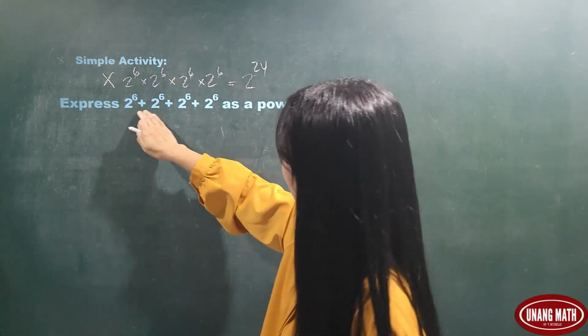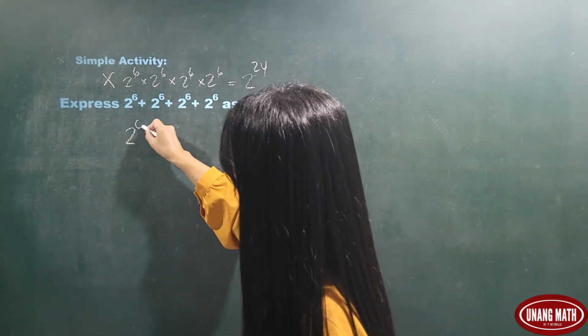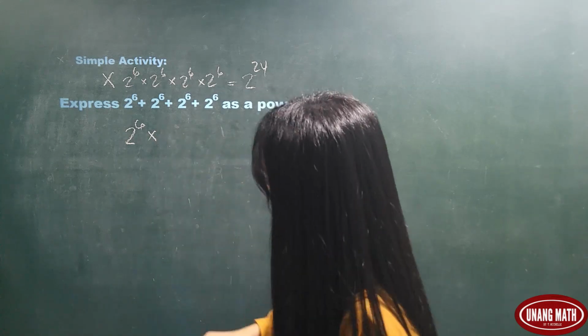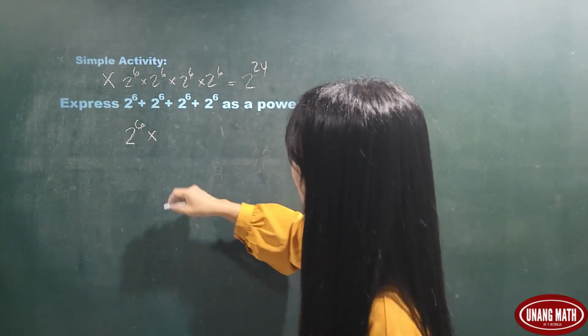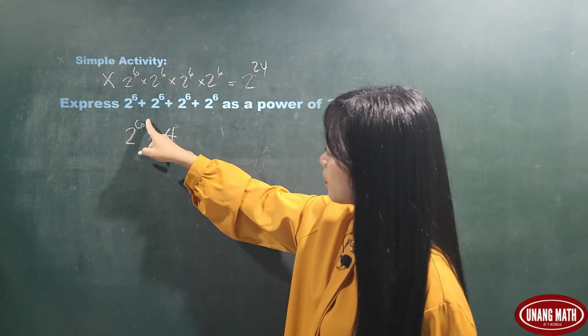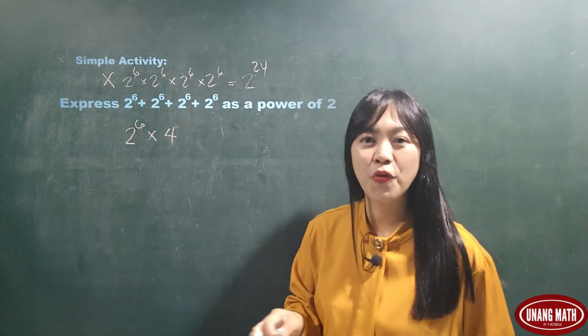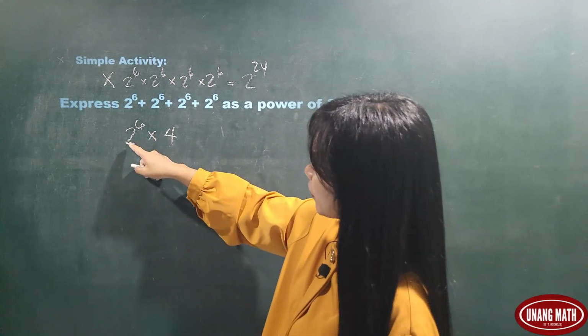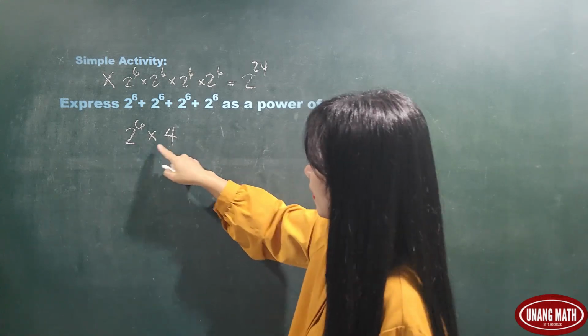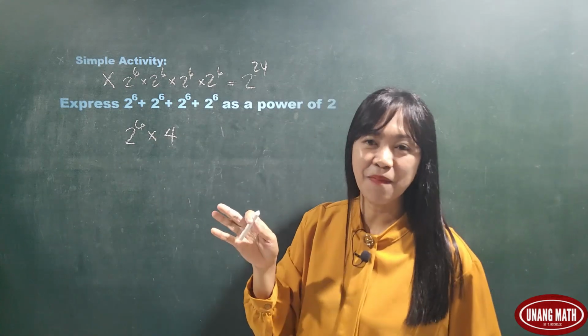So what we need to do is, we copy 2 raised to the power of 6, times 1, 2, 3, 4. So 2 raised to the power of 6 times 4. Okay, if we are going to take a look at the bases, these bases are not the same.